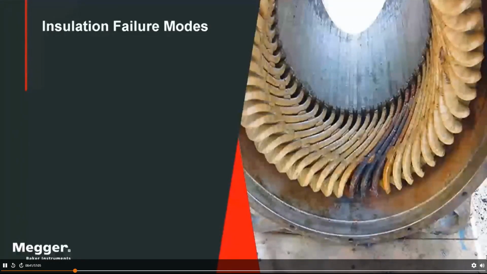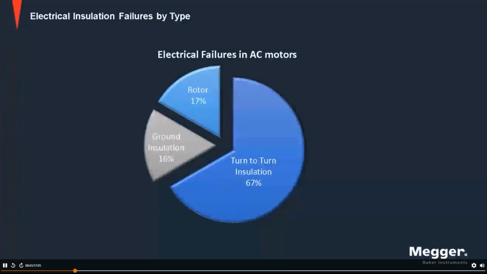All right, so let's talk about some insulation failure modes. If we're going to be testing motors, we need to understand how they fail internally with respect to the electrical failures. This pie chart reiterates what we just saw, but specifically the electrical failures can be broken down into different types. Turn-to-turn insulation failures, which I'll describe in just a second. Ground insulation failures, which we're probably most familiar with.